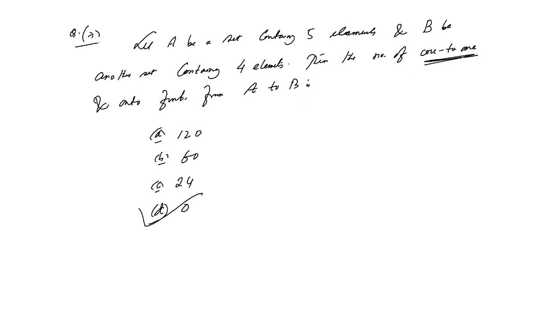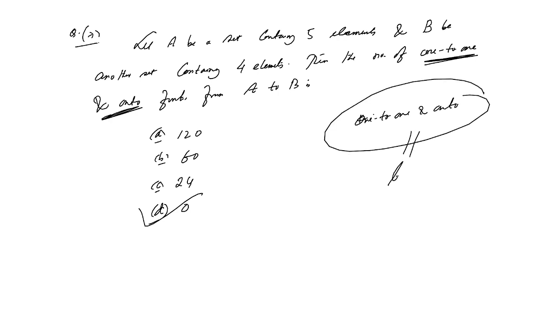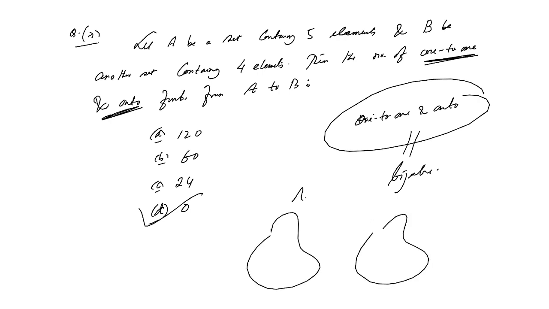Because here you just see one-to-one and onto. That means if a function is one-to-one and onto, the function is bijective. So they are saying about from the set A to B, A contains 1, 2, 3, 4, 5, B contains 1, 2, 3, 4 elements.